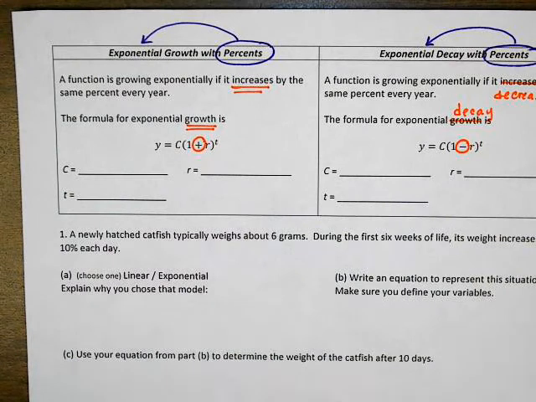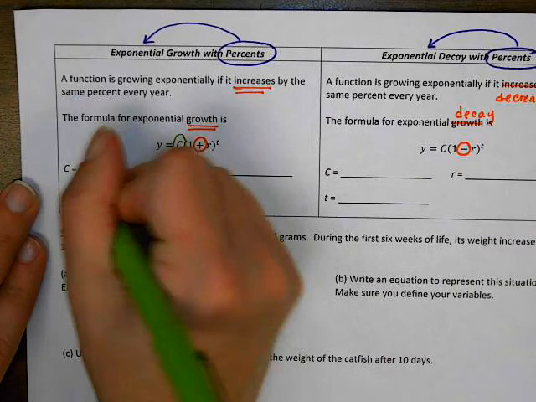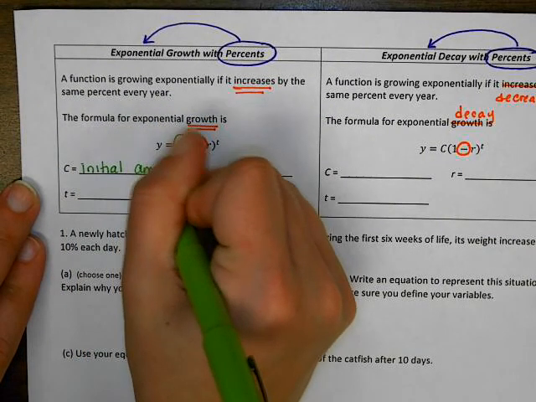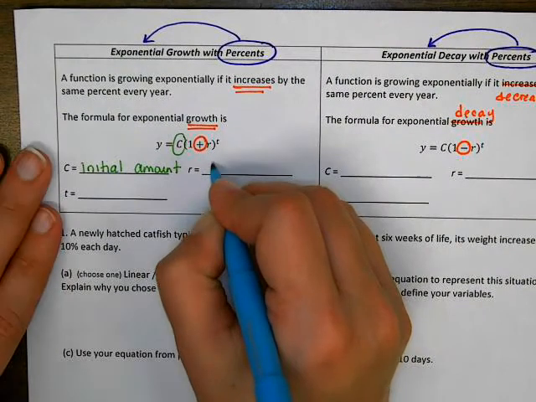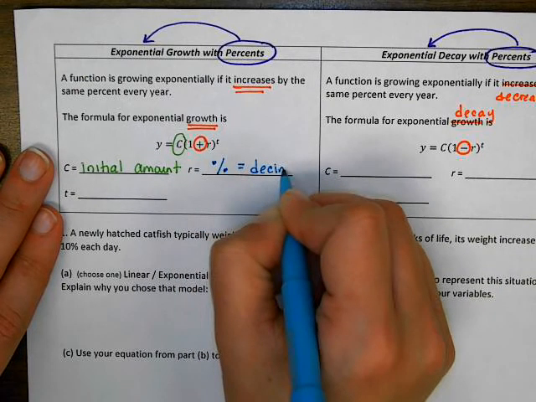So what do these things stand for? Well, once again, C is the initial amount. R is your rate or your percent that you're growing by, but you need to change it to a decimal.